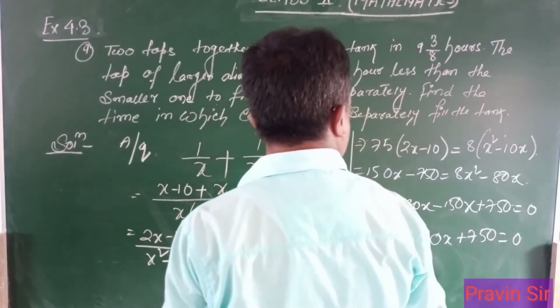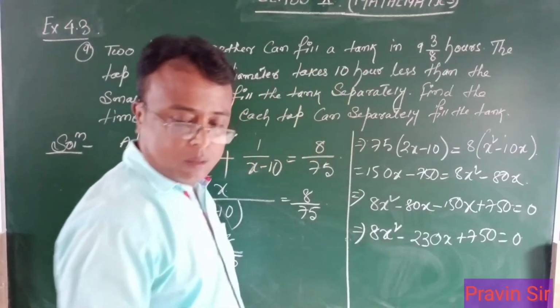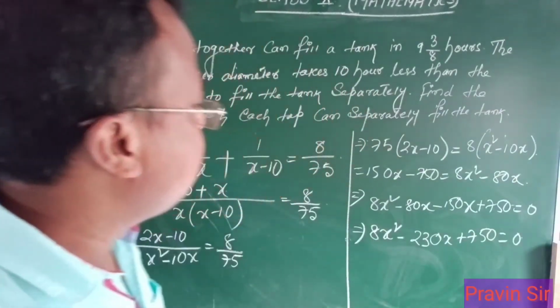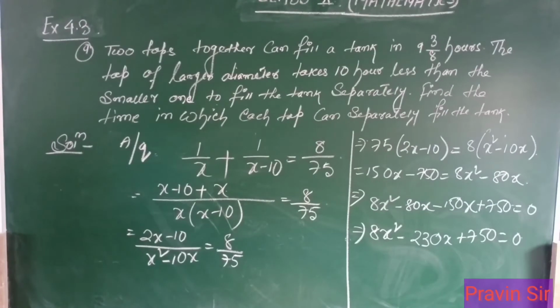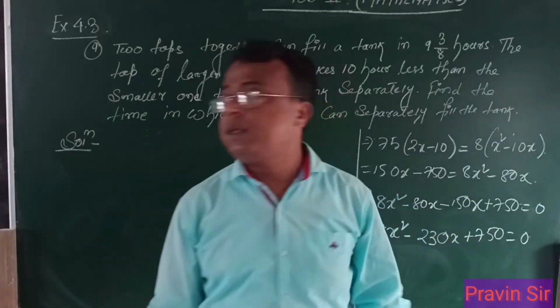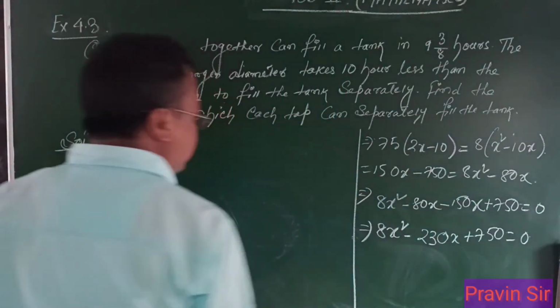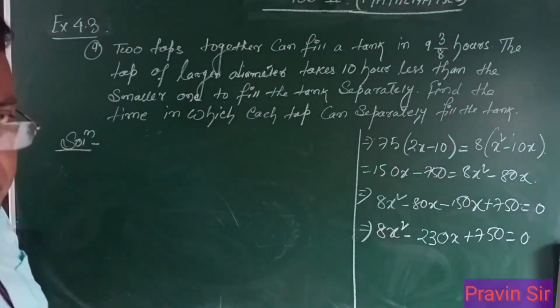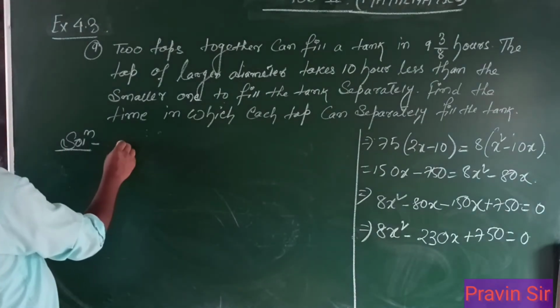Okay, so now we can solve this quadratic equation by the quadratic formula or by the splitting the middle term method. It is your choice. You can solve by any formula also. So I will solve by the splitting the middle term method.